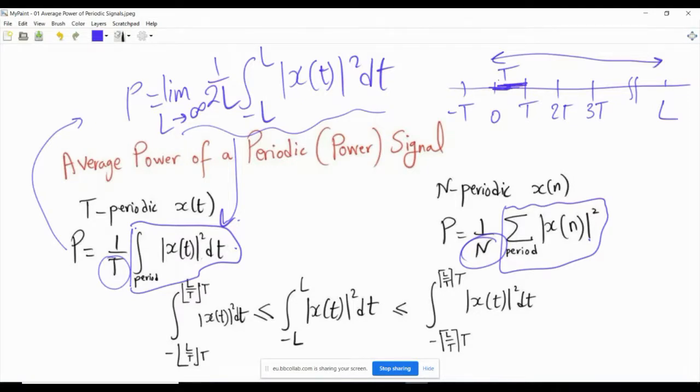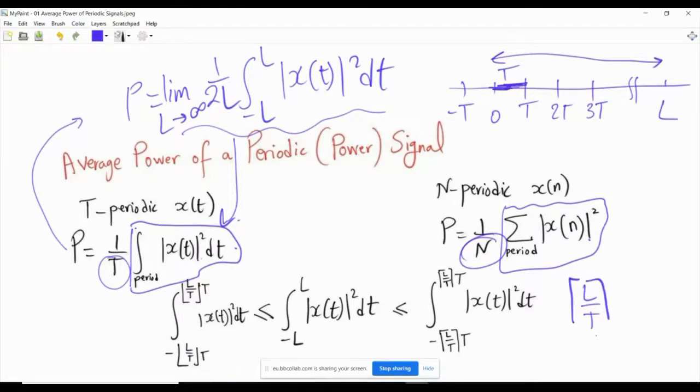L divided by T. As an upper bound, you can take L divided by T. This number may be, let's say, 100.5. So basically we have 100 complete periods and then half a period. So what you can do is take the ceiling of this.